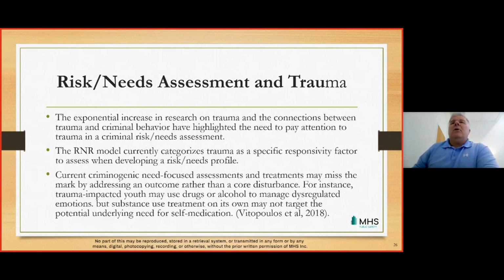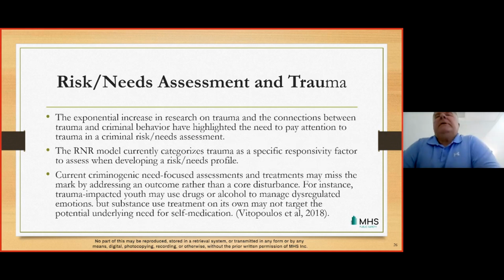Okay, so moving along to what are we going to do now about the exposure, risk needs assessment and trauma? What do we need to do? Given all this research and the connections between trauma and criminal behavior, we need to pay attention to trauma in criminal risk needs assessments and treatment too, for that matter.